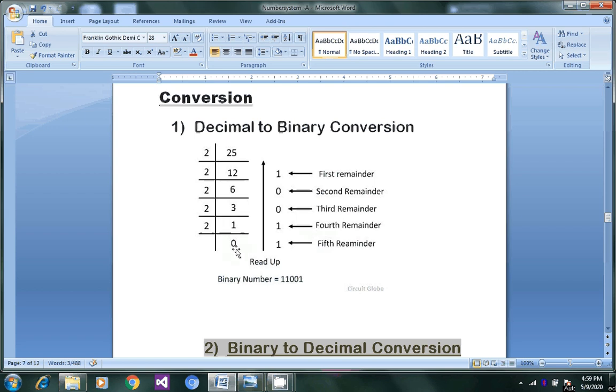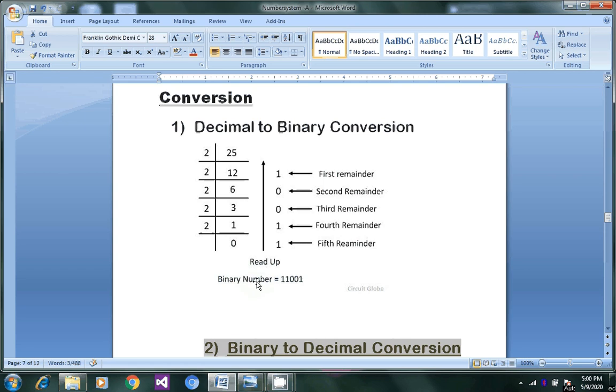You get 0 as quotient, and because it cannot be divided further, the remainder 1 is the fifth remainder. So read these remainders in a line from down to up, from bottom to top, that is 1 1 0 0 1.